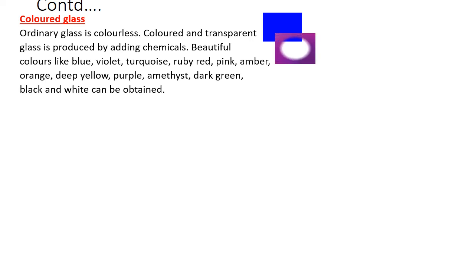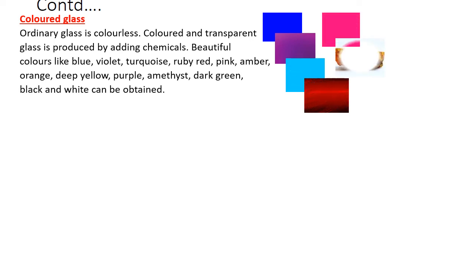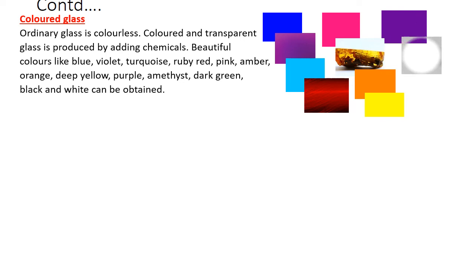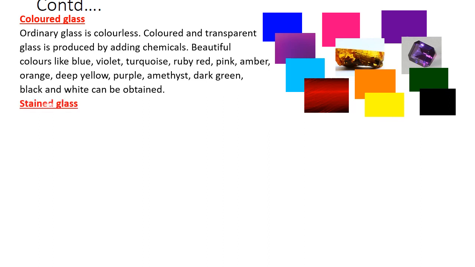That's the blue, then the violet, then the turquoise, then ruby red, then pink, then amber, then orange, then deep yellow, purple, then amethyst, which is closer to purple, then dark green, black, and the screen that you see is white. So I'll not put white, you can understand the meaning of the word white. So all these different colors can be obtained by adding chemicals to the colored and transparent glass.